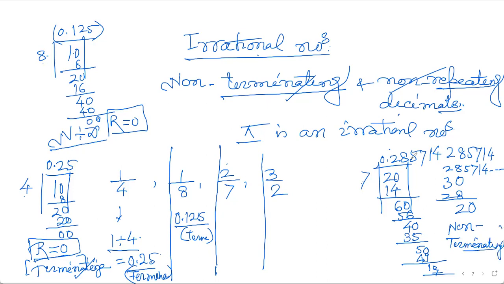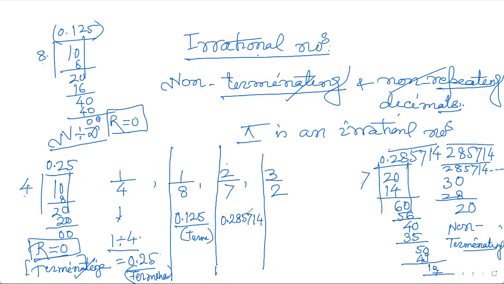And I also find that this whole period is repeating: 285714, 285714, 285714. This is just a ringing process, ringing in your brain. So the answer becomes 0.285714 with a bar.